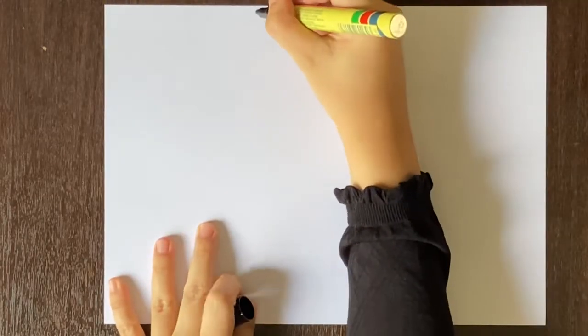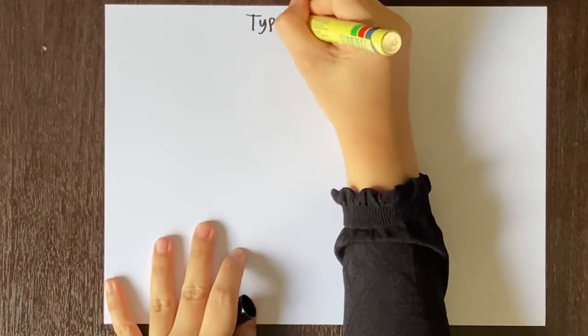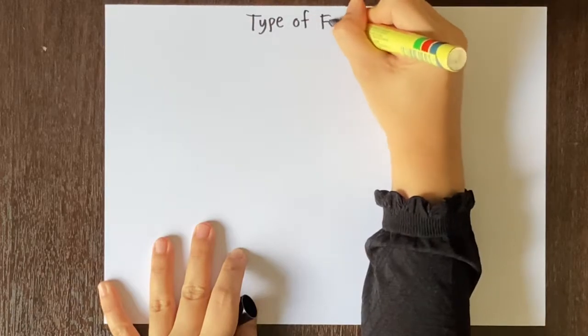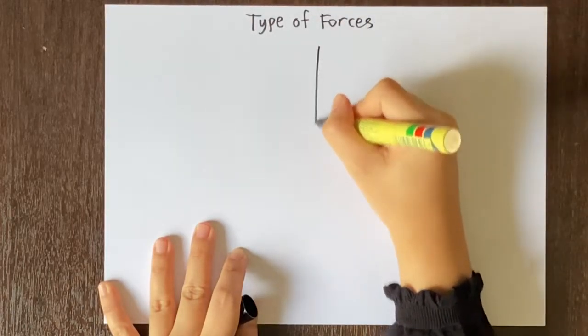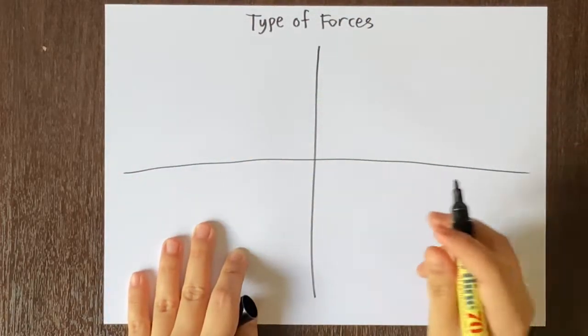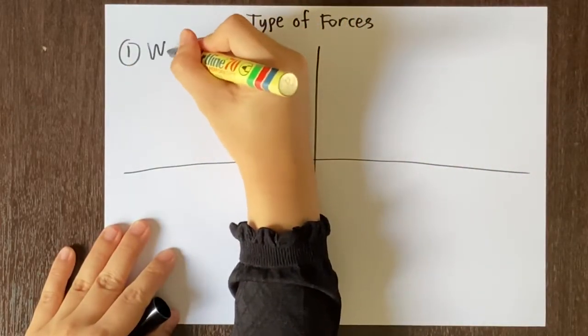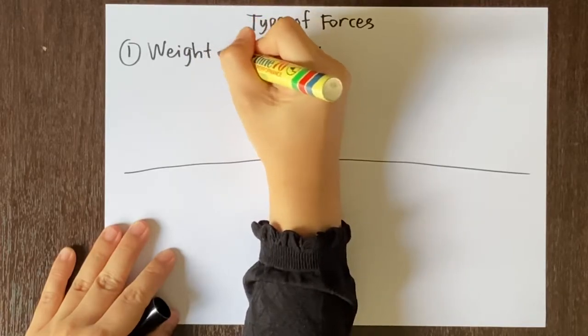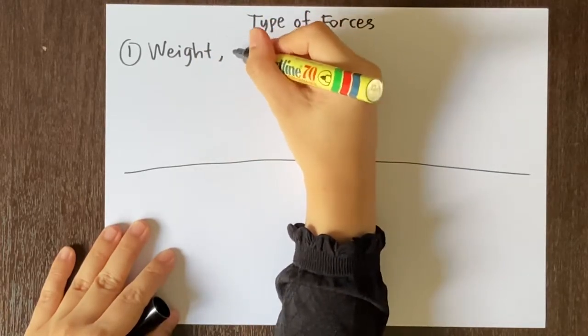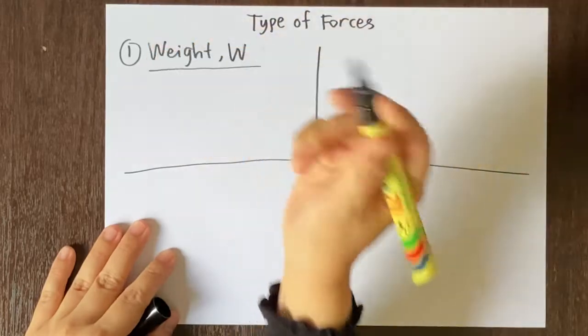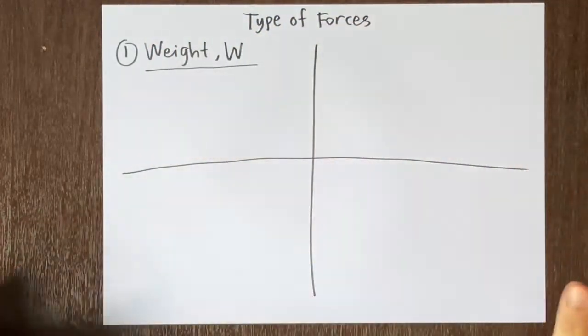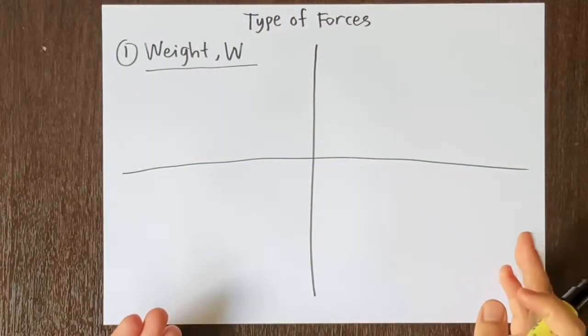Types of forces, we will divide into 4. The first one is weight. The symbol of weight is W. In this case, you have to know the types of forces.